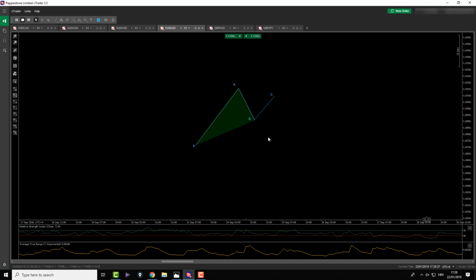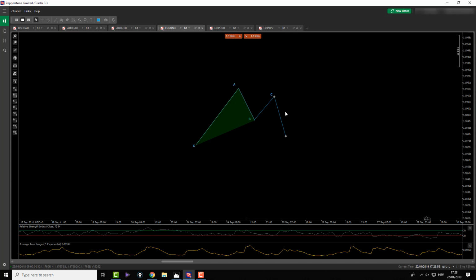Now when you identify this kind of a pattern, we need to be on alert that the bad pattern can happen, because if the price moves down from this price point somewhere around here, we will get to the D completion point, D price point, which a lot of people call the D completion point, and then you gotta think, will you engage or not?